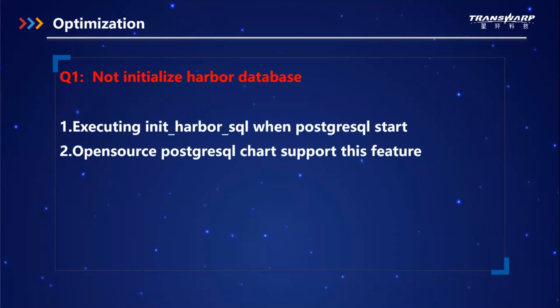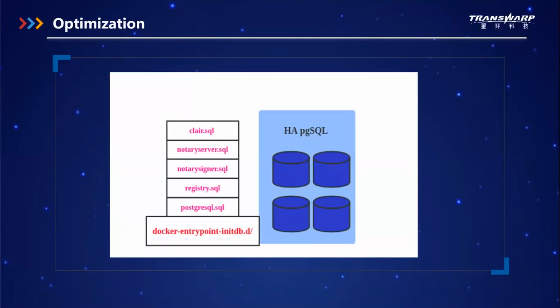First, the Harbor database is not initialized. We execute the init Harbor SQL when PostgreSQL starts. Luckily, the open source PostgreSQL chart supports this feature. We put all the Harbor SQL we need in the entrypoint init db folder.